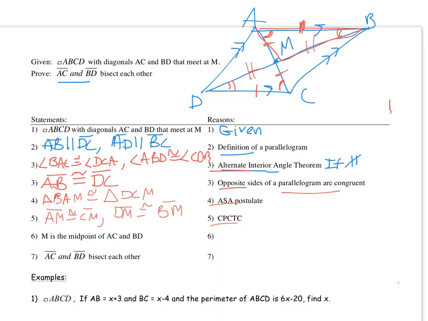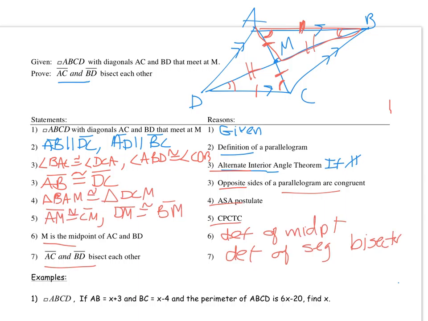They are also corresponding parts, CPCTC. I can now say M is the midpoint, definition of midpoint. I can say AC and BD bisect each other, definition of segment bisector.